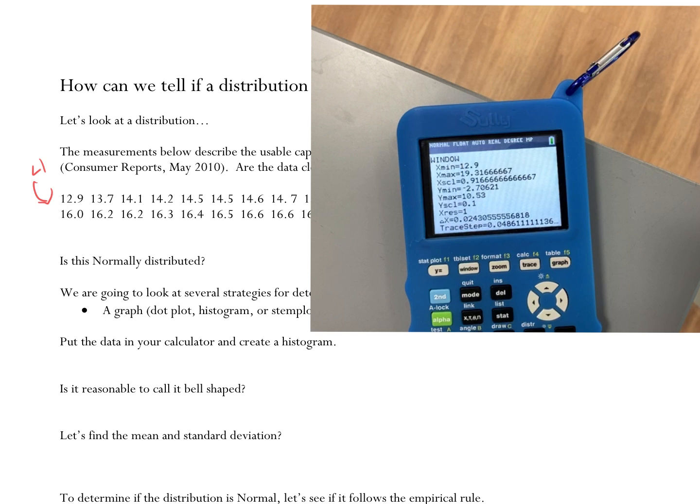Right there. That X scale is how wide each of the bins is. You with me? Change that to a 1 instead of a 0.91. And when you do that, hit graph. Don't hit zoom 9 again. Just hit graph.